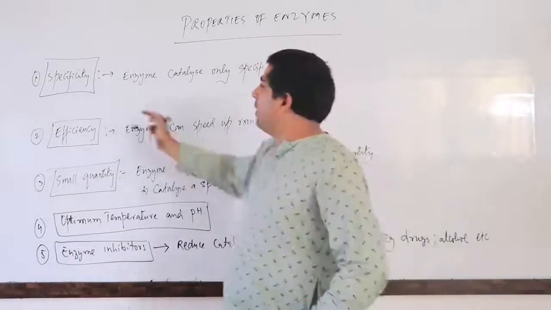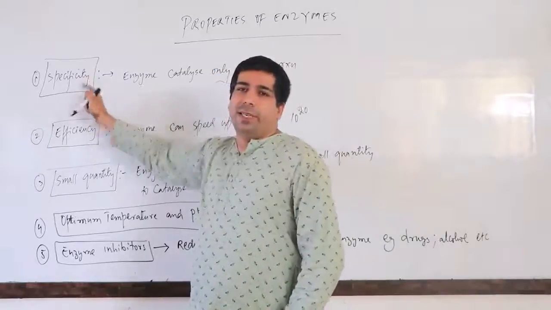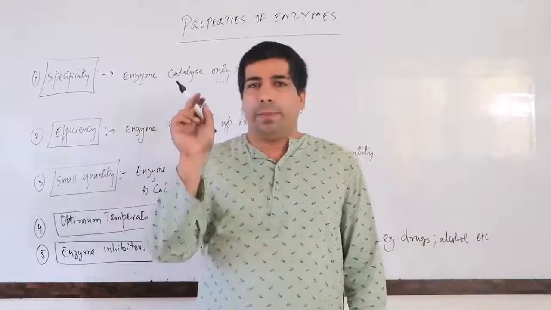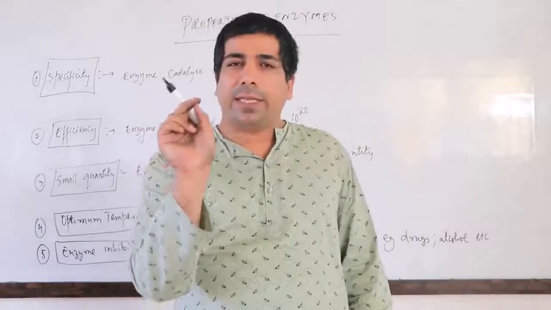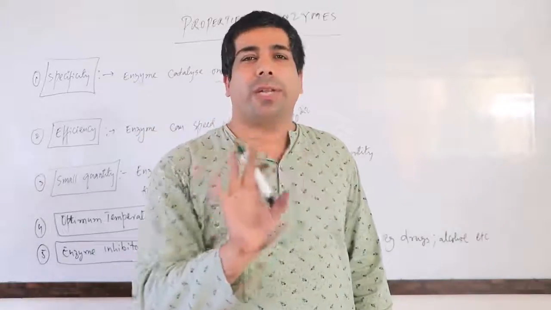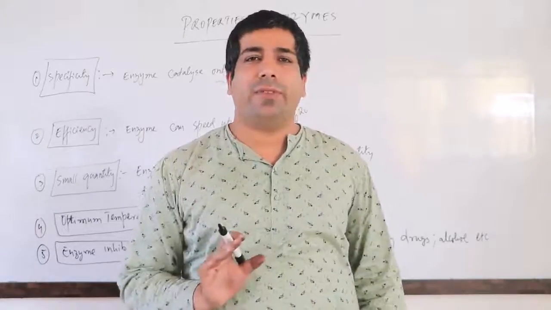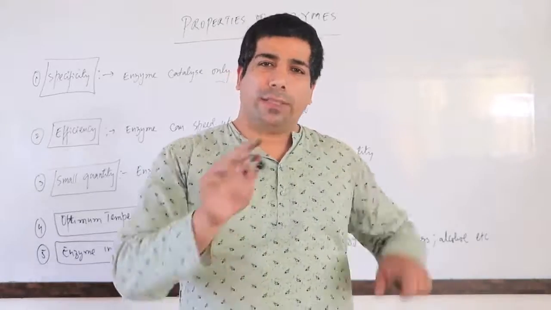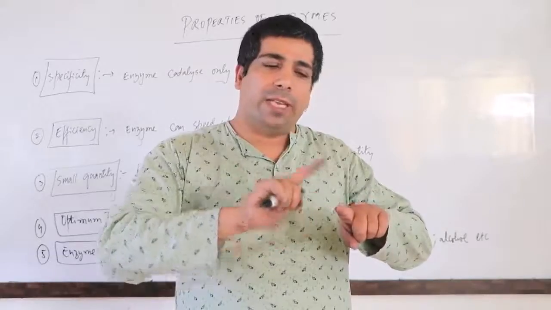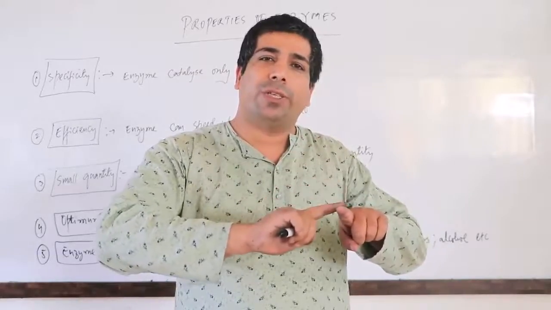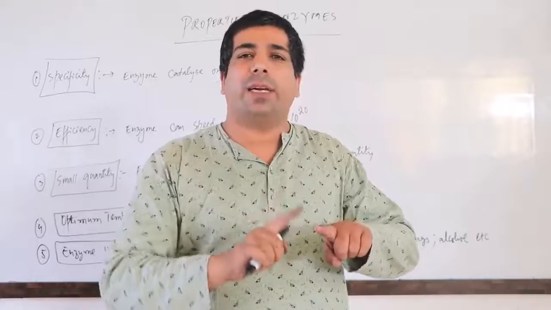The first property is specificity, which means that an enzyme can catalyze only a particular reaction. Okay, urease enzyme, let's suppose if I have, it will only catalyze the conversion of urea into carbon dioxide and ammonia.